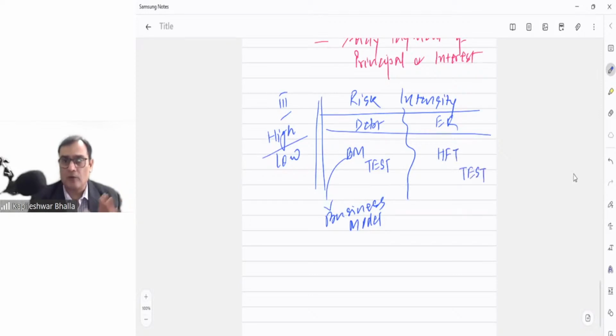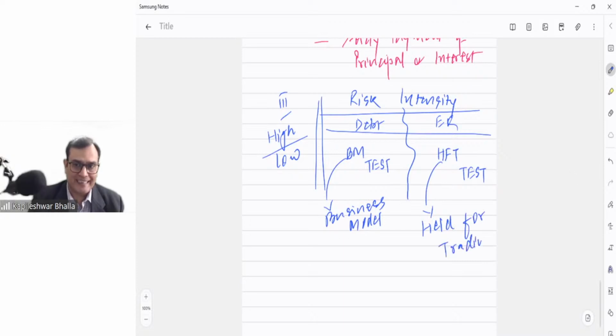So there is going to be a different test for debt investments and a different test for equity investments to identify the intensity of the risk. This HFT test is called the held for trading test.